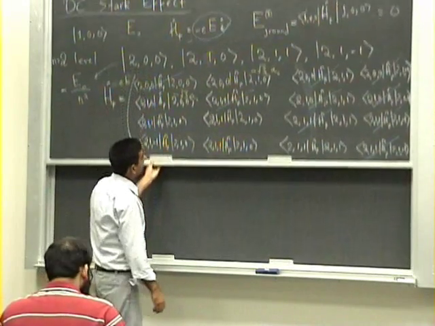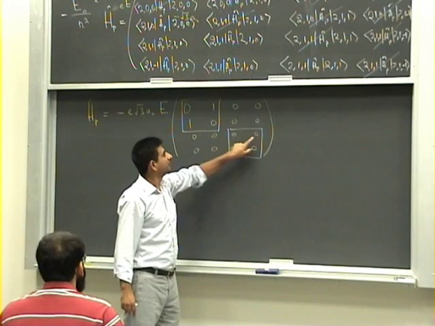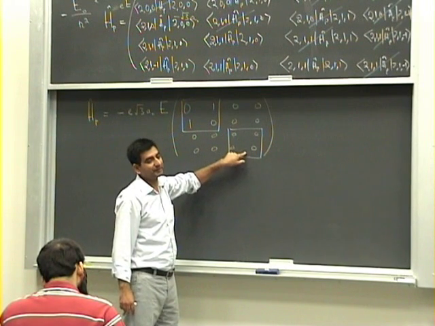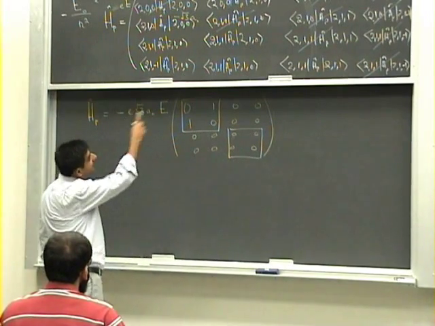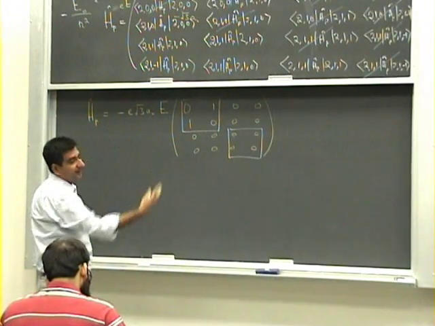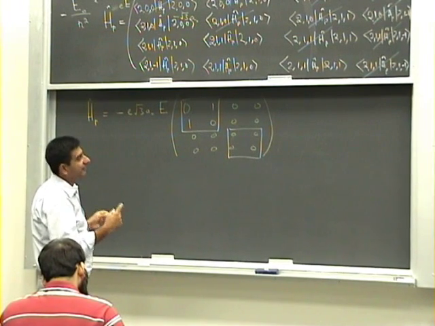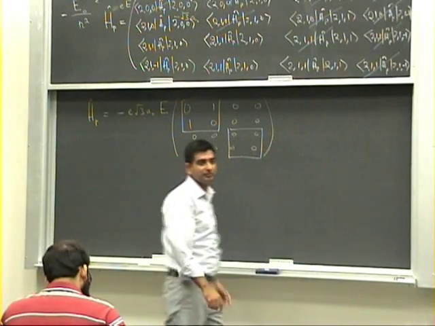Remember that we could have non-zeros here. We could have an A, B, C, D here. Still we could break up the big matrix into small matrices. We just have to find out which of these states that I've written there are connected. Connection means the transition matrix element which sandwiches the two states is non-zero.